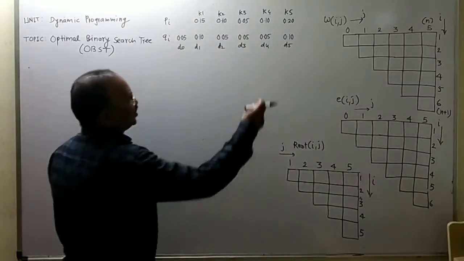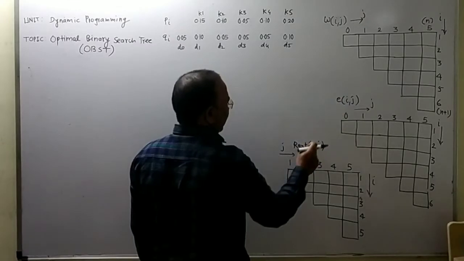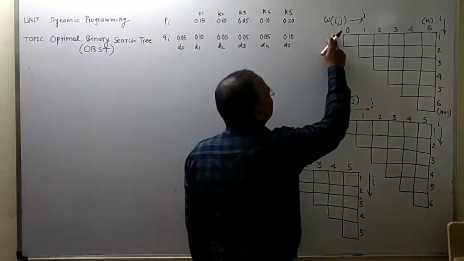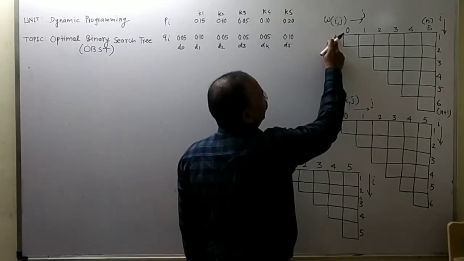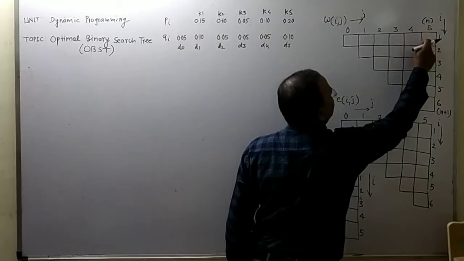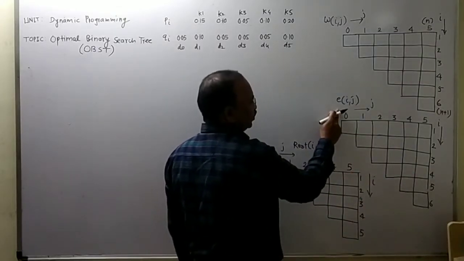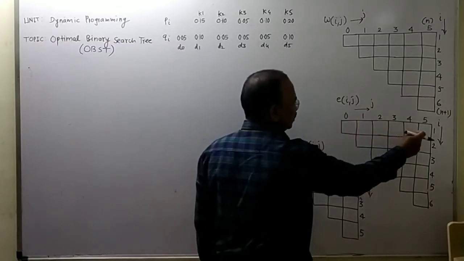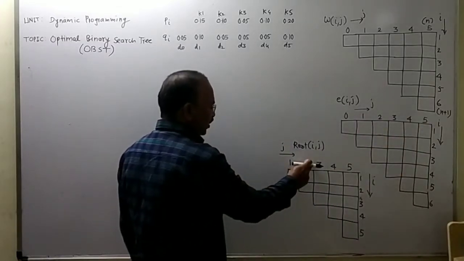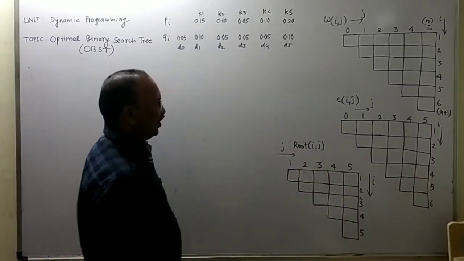Now let us see the structures of W table, E table and the root table. W table is the table of getting the sum of the probabilities, that is 1. Then E table gives us expected searching cost from this cell, and root table is useful for getting the final OBST.